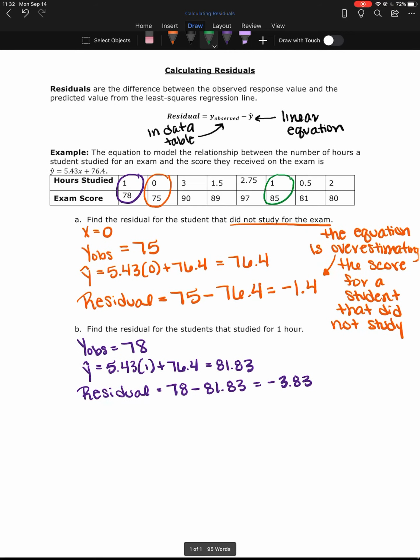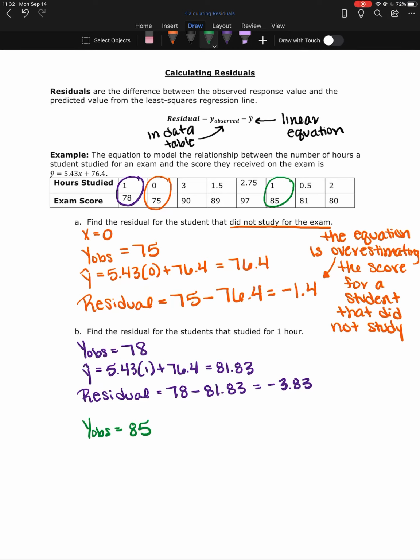So now we're going to do the same thing for the second student. The second student who studied for 1 hour scored an 85 on their exam. The y-hat equation is the same because they studied for the same amount of time, so their predicted score would be the same value.